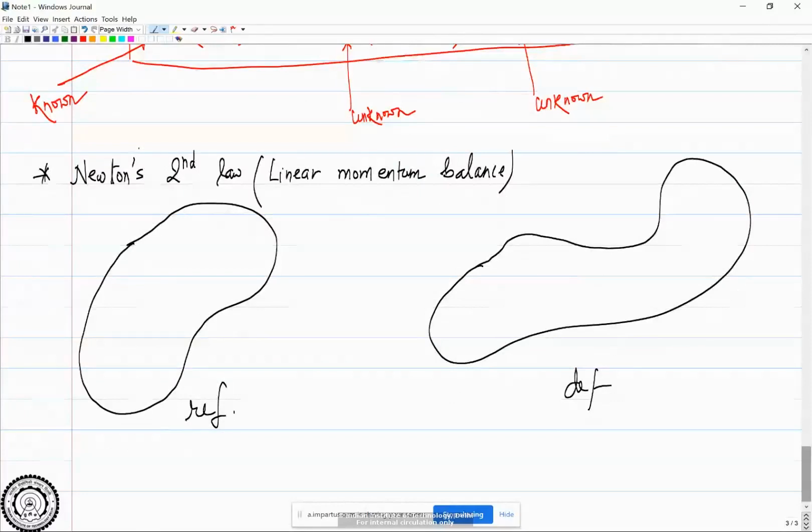If you think of it from a particle perspective, every particle has to follow Newton's second law. Likewise, a set of particles also has to follow Newton's second law. Okay, so you can think of a volume in the reference configuration and start tracking the particles here. So this set of particles, if you apply Newton's second law to it, it's going to follow.